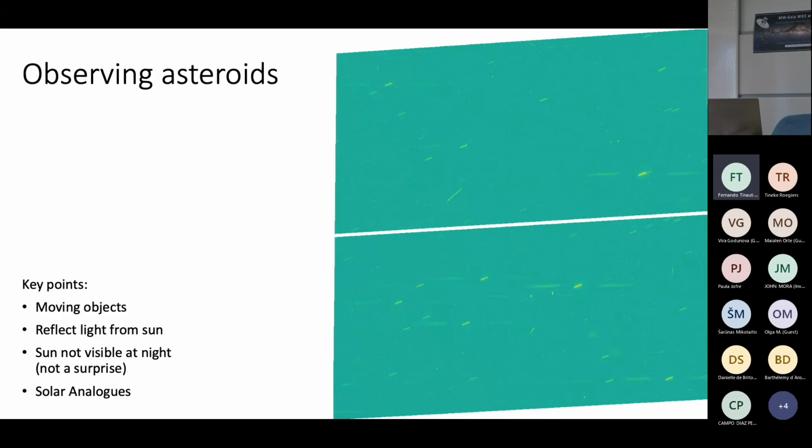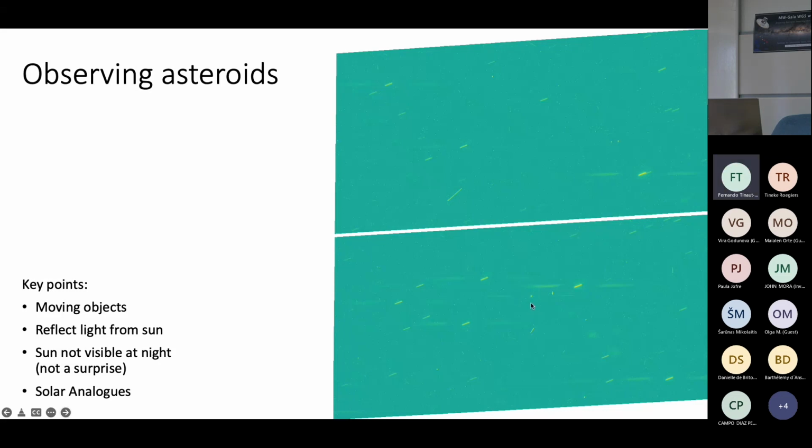We also have one peculiarity in our observation, and that is that we are not interested in the light that comes from the asteroid itself. We are interested in how the solar light interacts with the asteroid. So what we do is divide the asteroid spectrum by the solar spectrum.